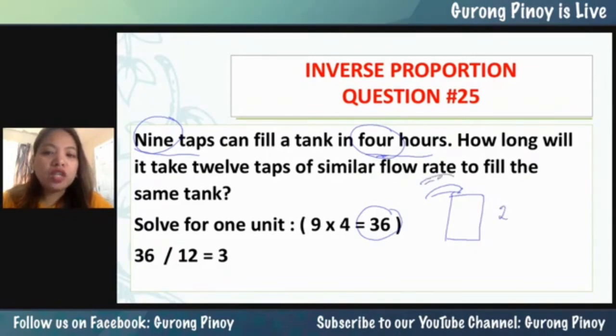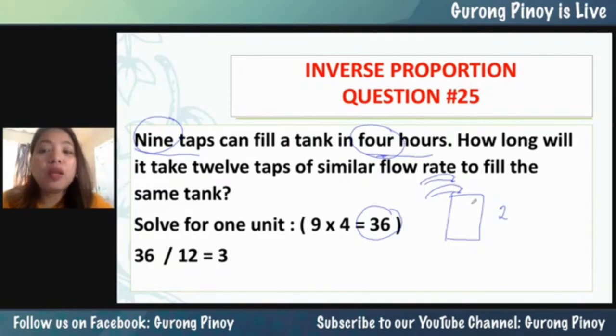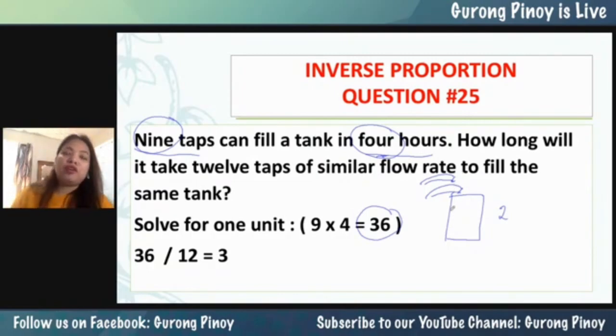Pag nilagyan ko to ng 2, sa tingin mo ba, bibilis ba yung pagpuno nung tank? Yes, kasi 2 na yung nagsasalin. So, kapag bumilis, ganon. Pag bumilis siya, kukonti yung number of hours para mapuno ito. Okay? Mag-imagine po kayo kung tumataas at saka bumababa yung isang variable, inverse po yun.